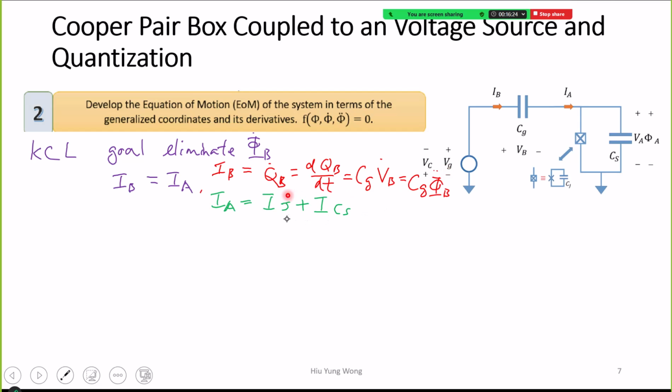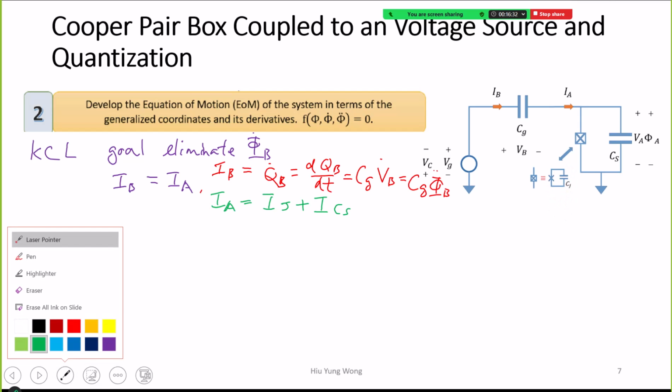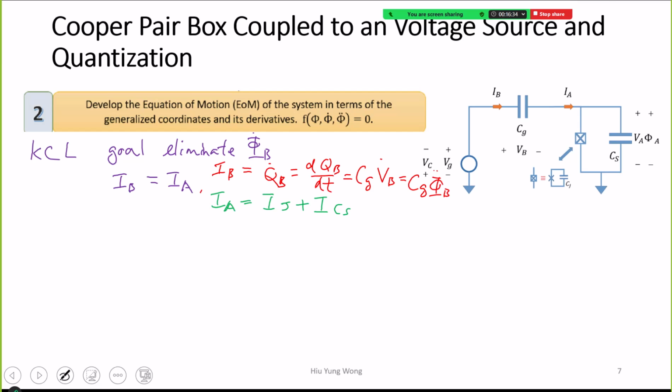The current through the junction actually goes through the JJ and also the C_J. So let me be clear. What is the current through the junction? It is I_C sin phi.